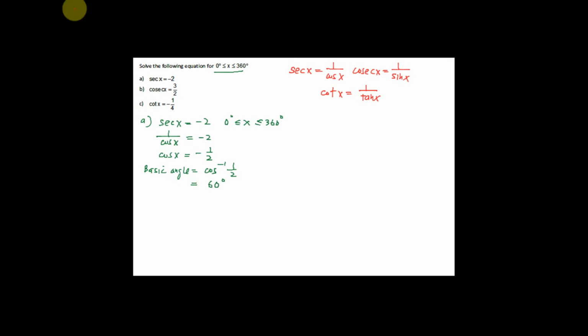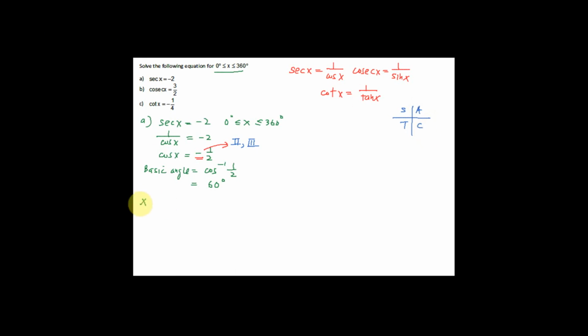Now you're looking at cos x, which is negative. So remember your four quadrants, that is All Science Teachers Crazy. For negative, cos will be in the second and the third quadrant, because in the first and the fourth quadrant cos is positive.